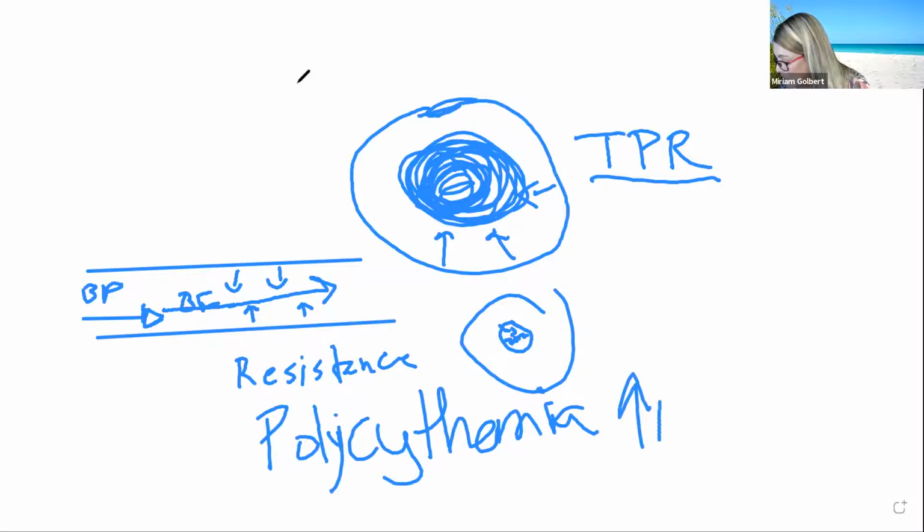This is increased red blood cells. So that makes your blood very thick. So again, if you have very thick blood and you're trying to circulate through these tiny little capillaries, imagine the resistance there, right? It's not going to be enough to push through that resistance if your blood is very thick.